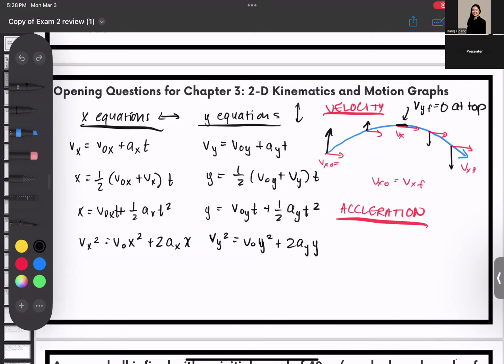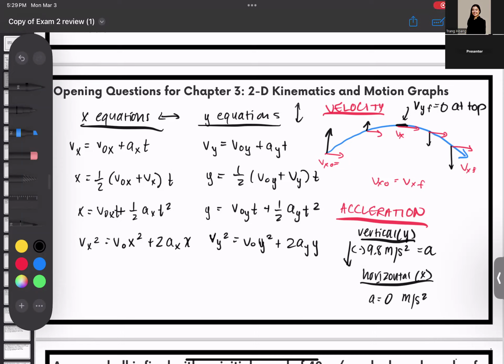It's because acceleration is always pointing downwards, and it's always going to be negative 9.8 meters per second squared for vertical, aka the y-axis. And in your horizontal, aka your x, it's always going to be zero, because when something is moving at the same velocity the entire time, there is no acceleration because it's neither speeding up nor slowing down. So acceleration is always 0 meters per second squared.